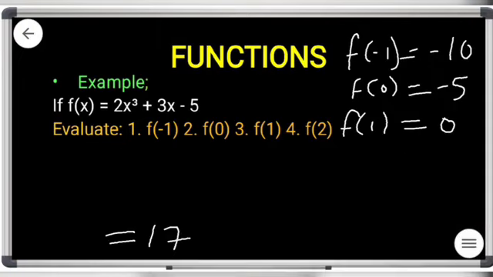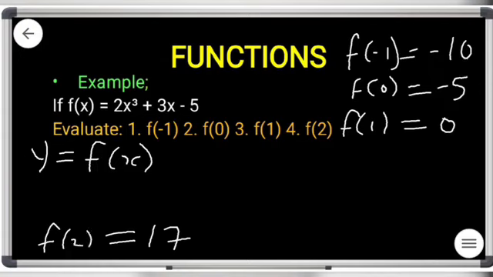Because y is equal to f of x, it means f of minus 1 is equal to minus 10, means y is equal to minus 10 when x is equal to minus 1. And also f of 0 is equal to minus 5, which means y is equal to minus 5 when x is equal to 0.